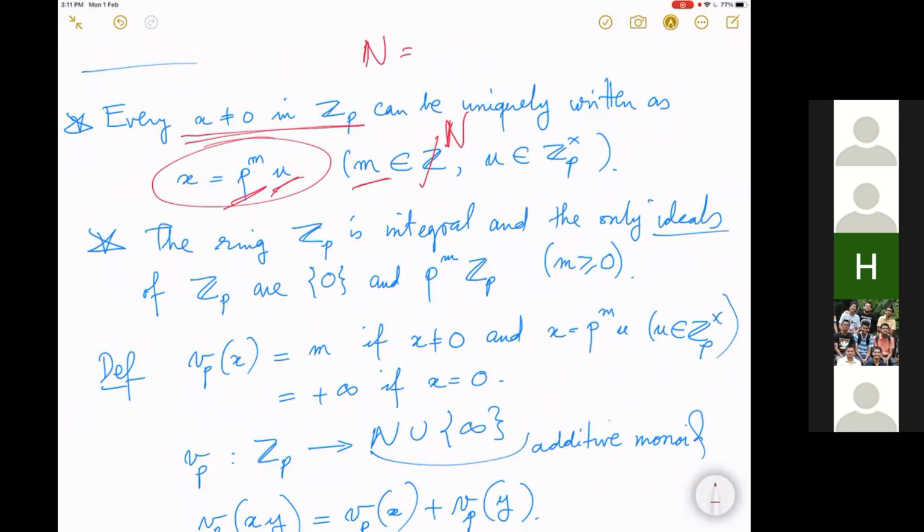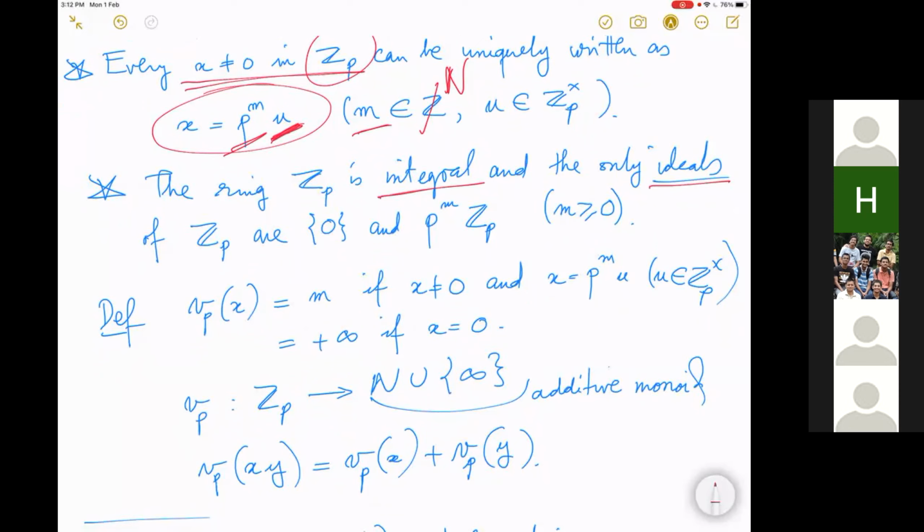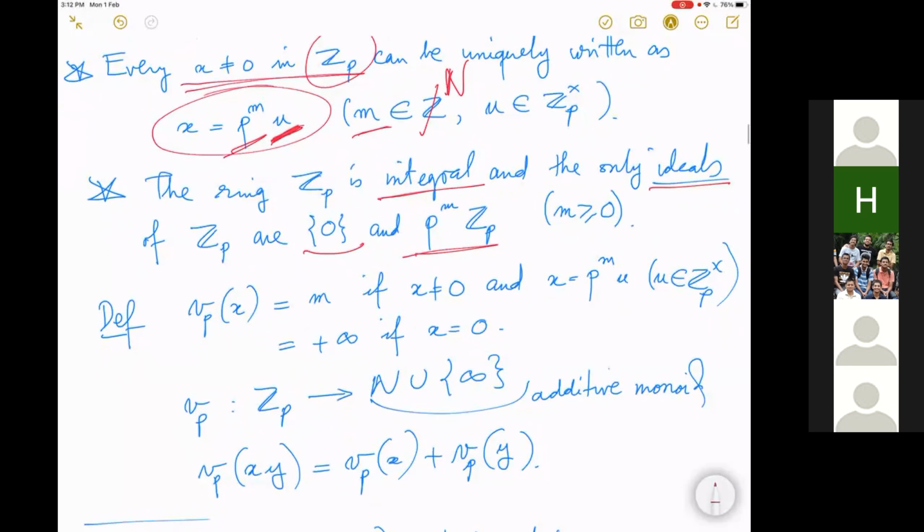So this ring is integral, and the only ideals of this ring are, of course, the zero ideal and p^m Z_p, the ideals generated by various powers of p, including m equal to 0, where p^m, of course, is going to be equal to 1, and therefore then p^m Z_p is just going to be equal to Z_p. So that's one extreme. The other extreme is 0, and in between you have all positive powers of p.